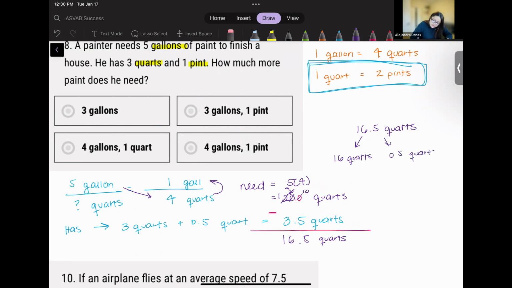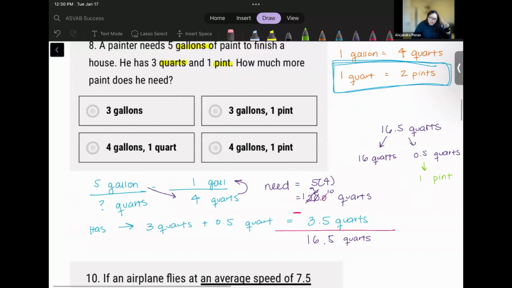Now, what did we say was 0.5 quarts? 1 pint. So we already know this is just 1 pint. So already you can eliminate one of your answer choices. You can eliminate A because A doesn't have the 1 pint. Now we just need to figure out how many gallons are in 16 quarts.